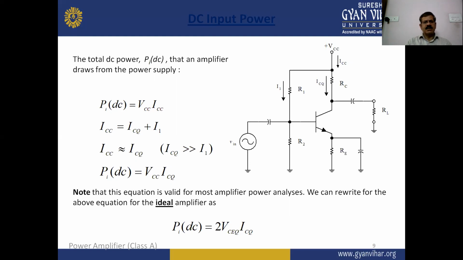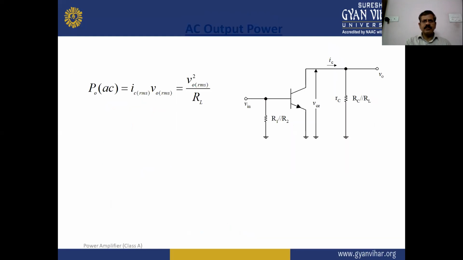So PIDC will be equal to VCC ICQ. Note that this equation is valid for most amplifier power analysis. We can rewrite the above equation for the ideal amplifier as PIDC equal to 2 VCEQ into ICQ. So this is the PIDC or DC input power.